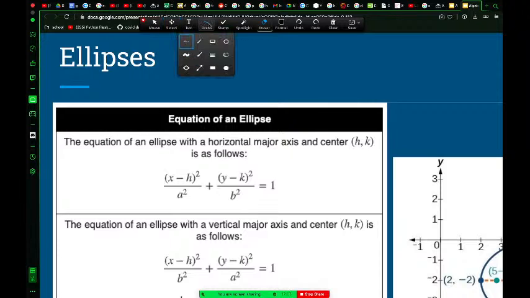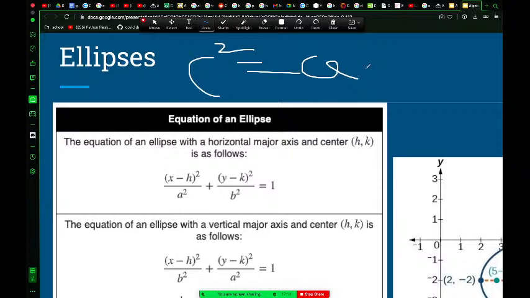C squared is equal to A squared minus B squared.